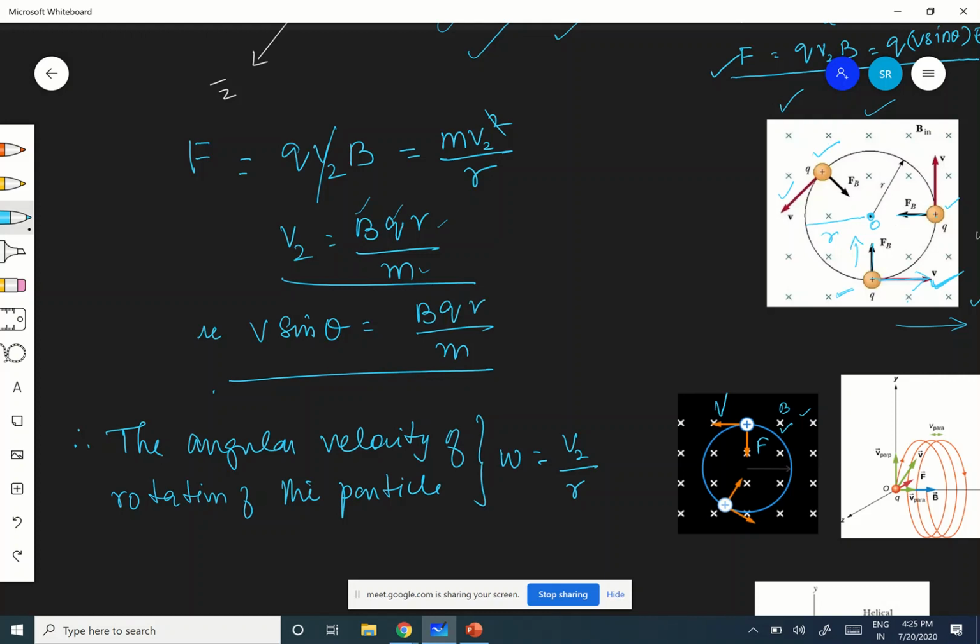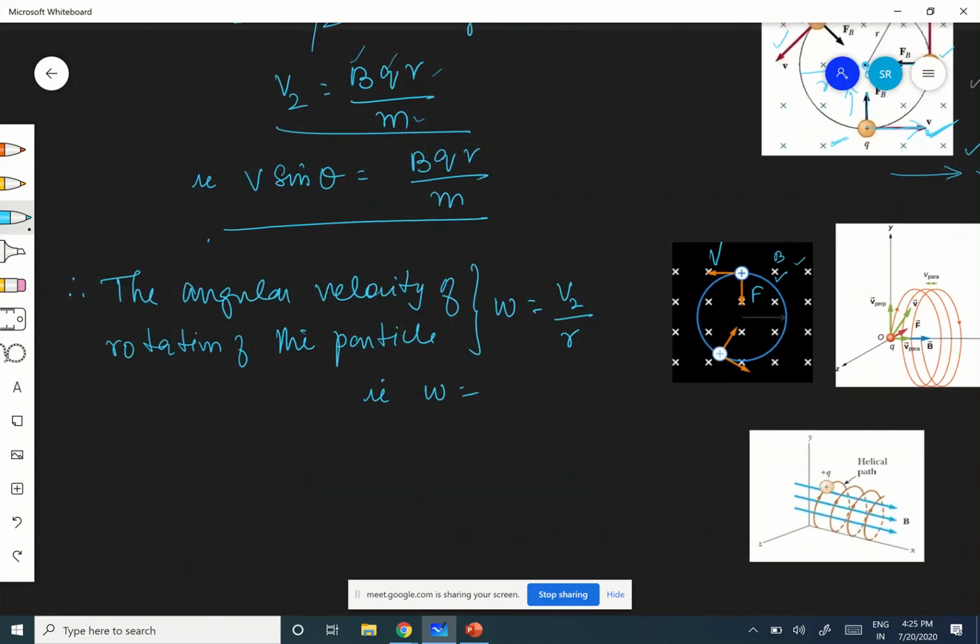Okay, therefore what is v2 by r? That is omega equal to BqR by m by r. R will get cancelled. Therefore, what is your angular velocity here? This is Bq by m. Very, very important relation. It is the angular velocity of the charge because it is moving in a circular path. So, it has some angular velocity.